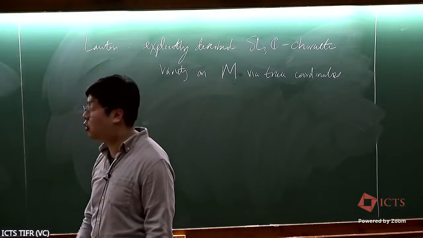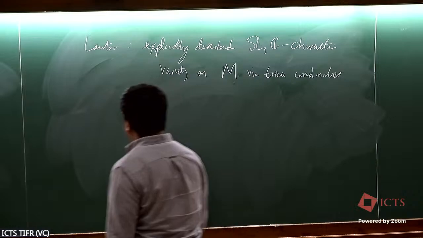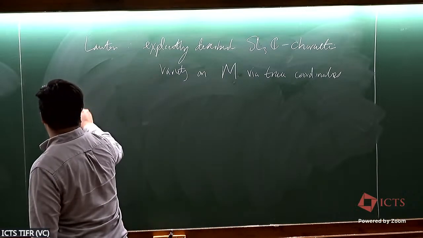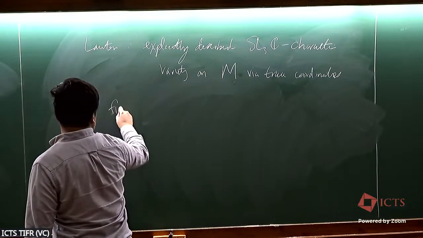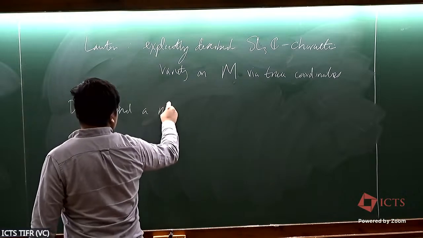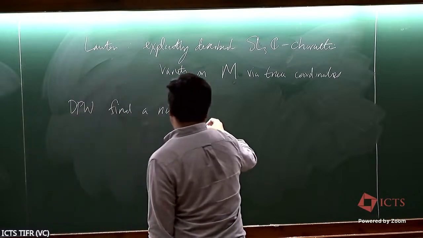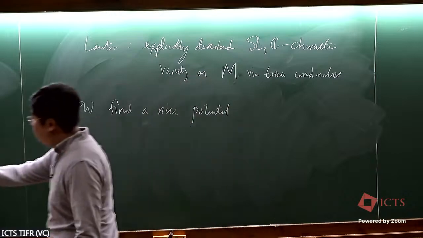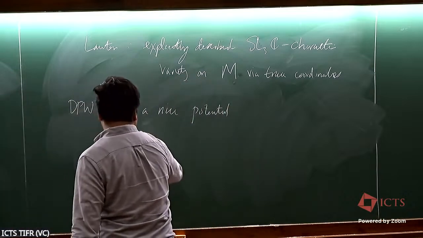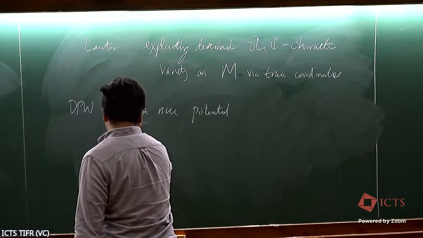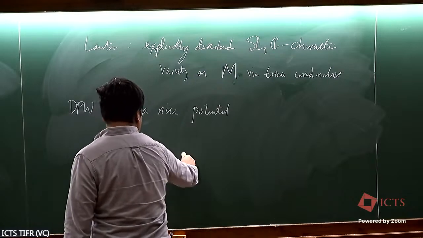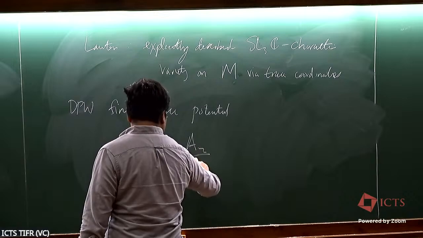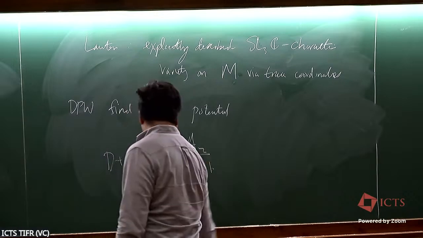Okay? So in our case, you could actually prove a similar result explicitly, and it brings it down to 3 trace coordinates. But the point is that now you can apply this loop group method and DPW, where you find a nice potential that's modeled on this thrice punctured sphere. So something of the form some residue at 0 and 1.